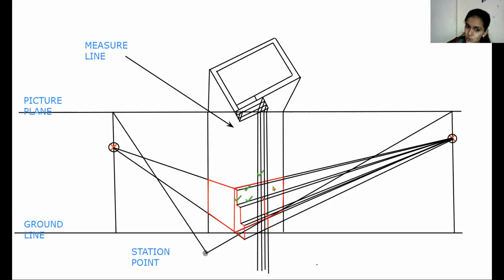So considering these 2 inclined lines and that vertical line, we will mark a riser. Like this, and the last thread between these 2 inclined lines and these 2 vertical lines.